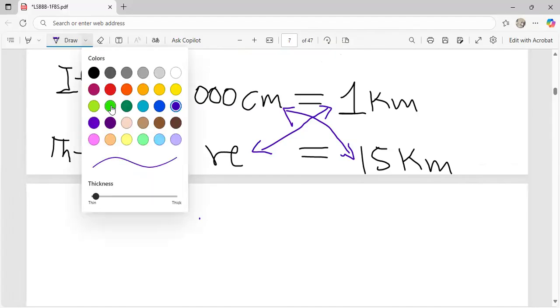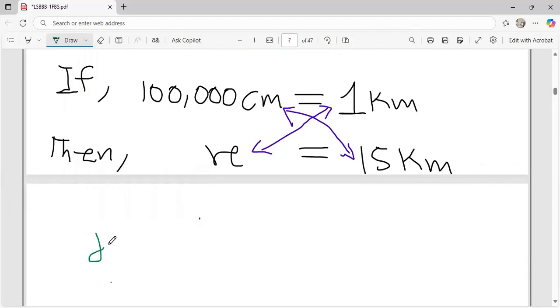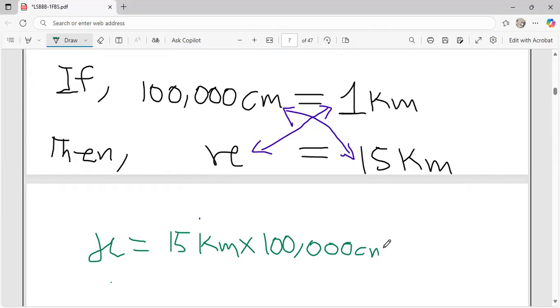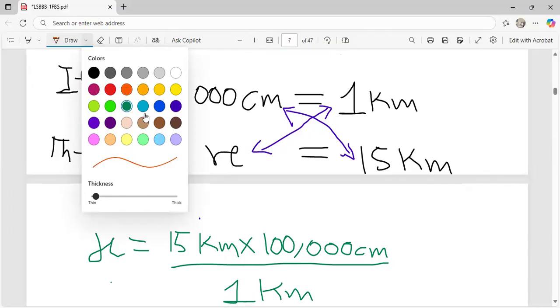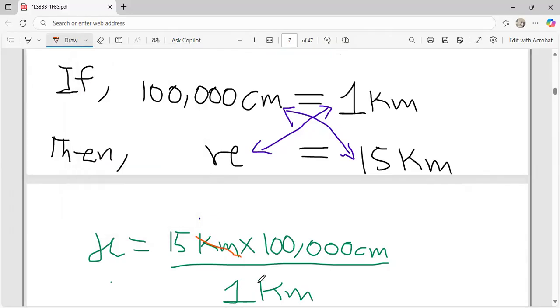So from that, you realize that X is going to be equal to what? 15 km times 100,000 centimeters, all over 1 km. At the end of the day, km will cancel km.